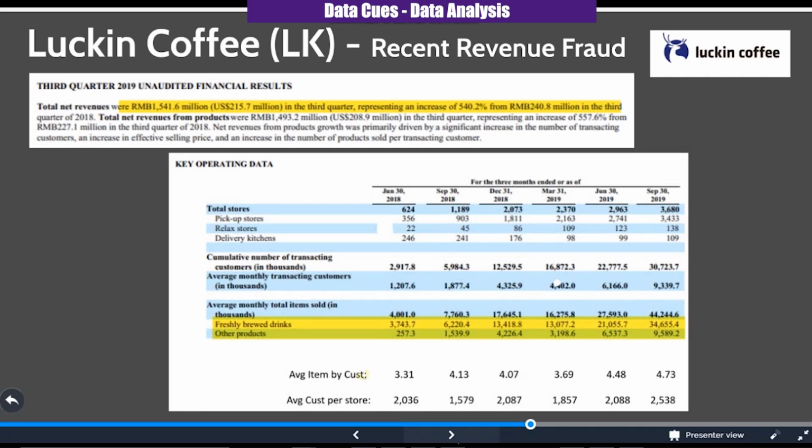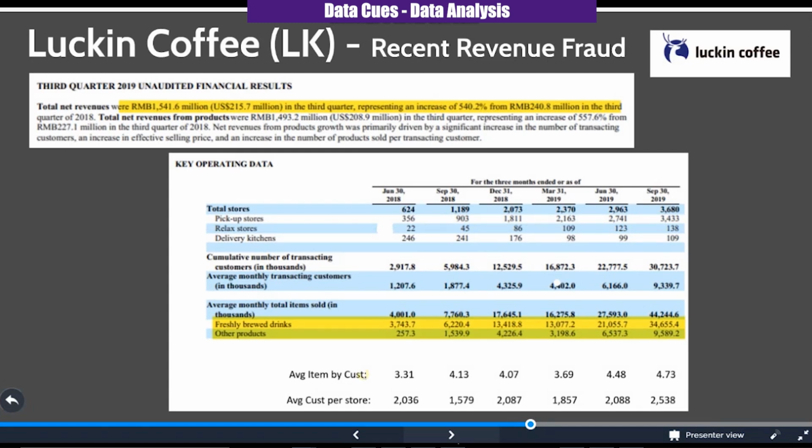But if you do the data analysis on that, you would have seen that if you just took the average items that customers would buy, they were normally around 3 or 4 items, but as they got into the revenue recognition overstatement, they got closer to 5 items per customer. But the big thing was the average customer per store. If you just look at the basis, it's around that high 1800, 2000 level.